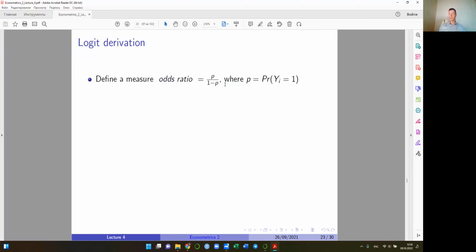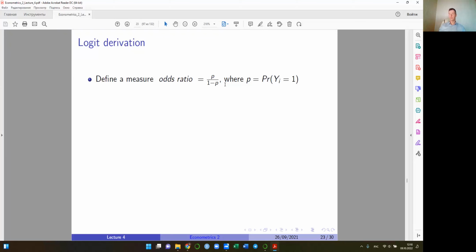The second step is the following. If you take a logarithm of this variable, and this variable is non-negative, we are able in principle to take the logarithm. The only problematic case is when the fraction is 0. But when the fraction is 0, the log goes to minus infinity. And in total, this log is unbounded. It is from minus infinity to plus infinity.